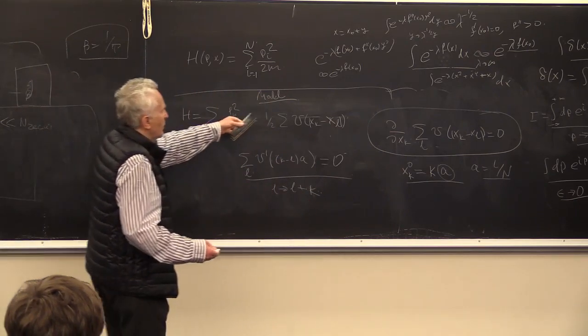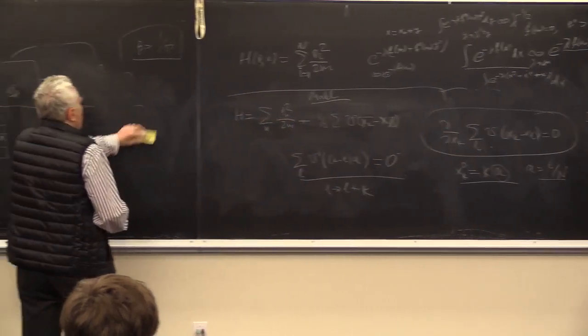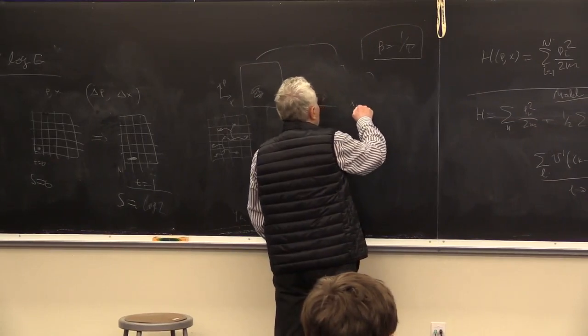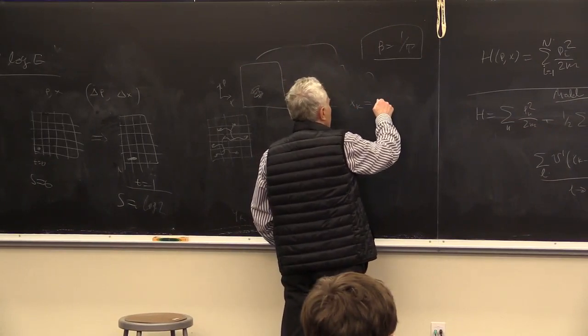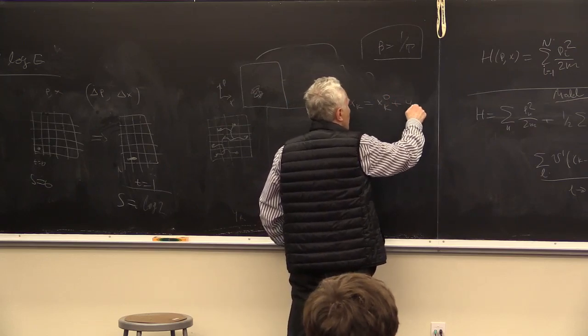So far it's just the normal mechanical equilibrium. Now let's look at a slightly non-equilibrium position. We write it down as xk0 plus yk.